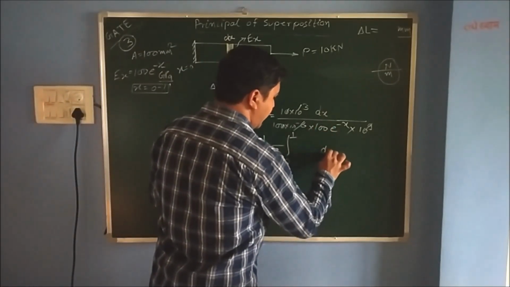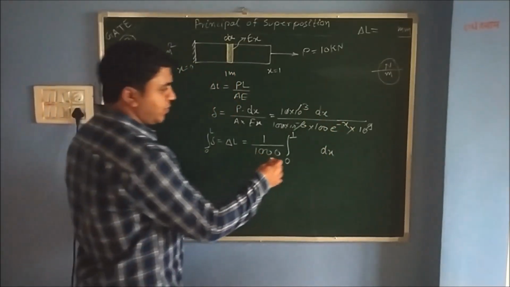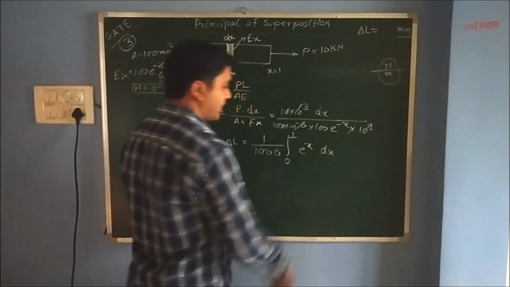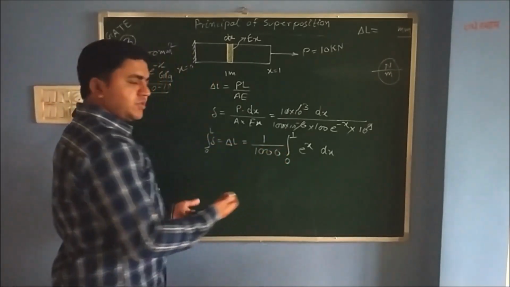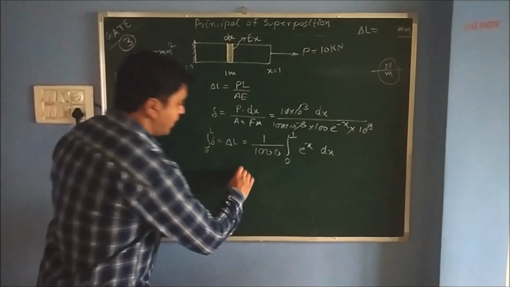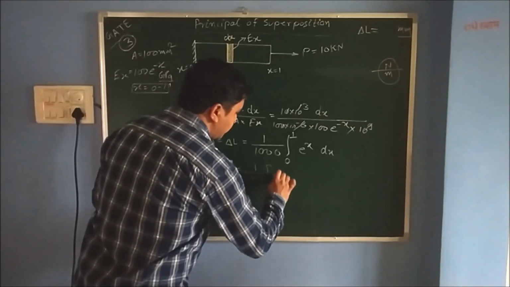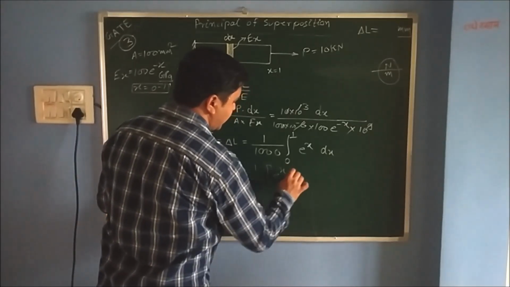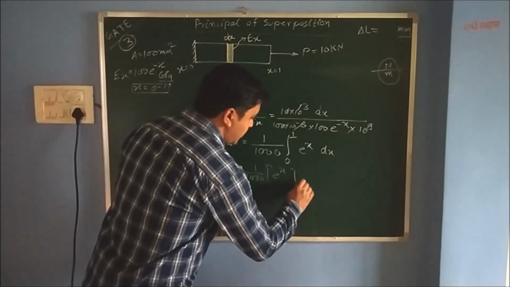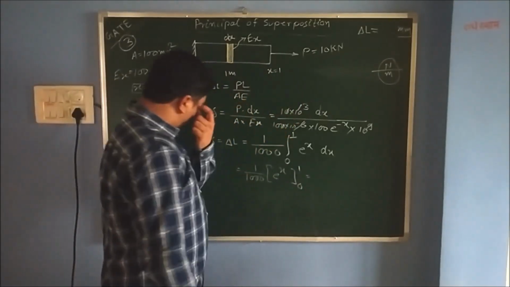And integration of dx you have to do 1 upon e raised to minus x. So e raised to minus x will become e raised to power x. Okay. So now we'll integrate this one. So integration of e raised to x is, we know e raised to x only. So 1 upon 1000 e raised to power x, and it's 0 to 1. Now we'll put down the limits.